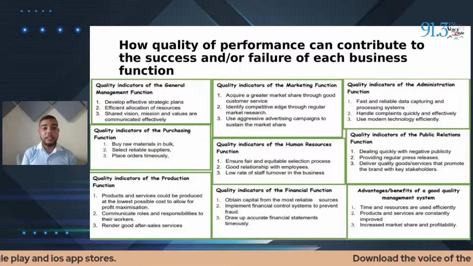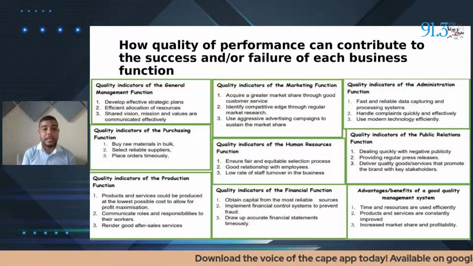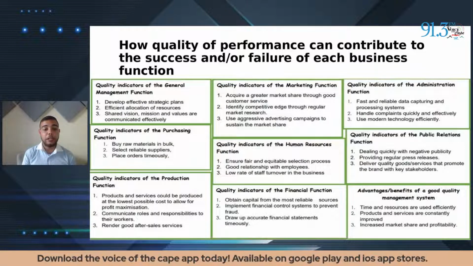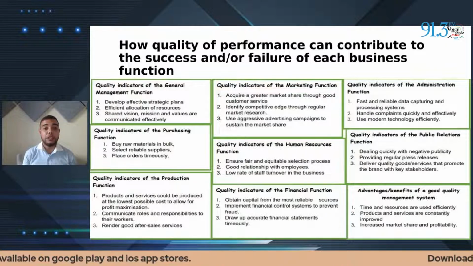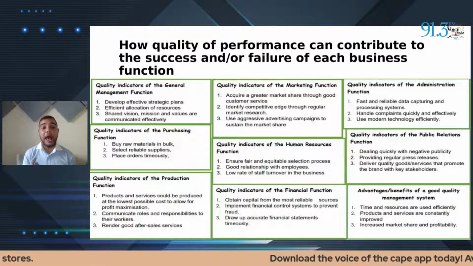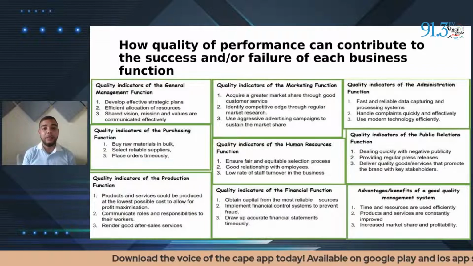So, the quality indicators of general management function, please, you need to know all of these. Develop effective strategic plans. Remember, our general management is our top management where they oversee every single thing. So, efficient allocation of resources as well as shared vision, mission, and values are communicated effectively.